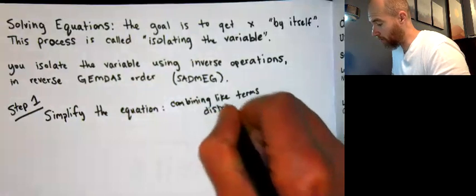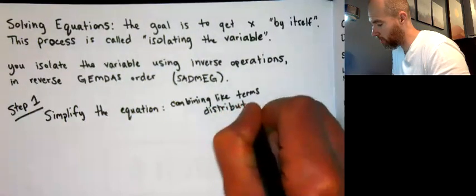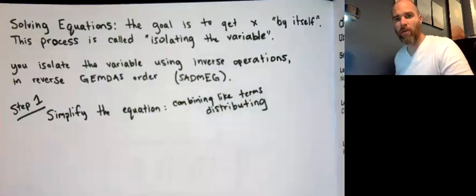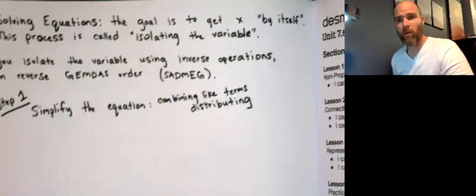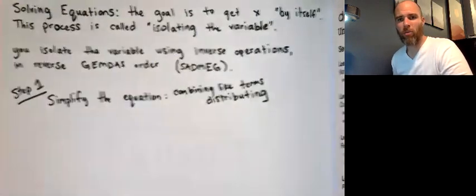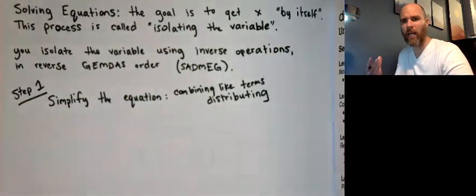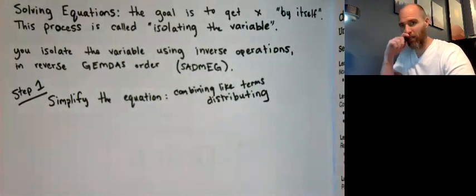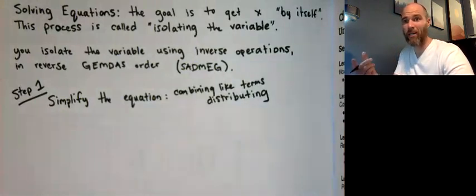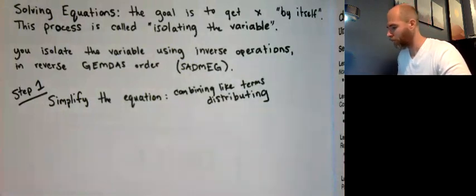Sometimes you don't have to distribute in order to solve an equation. Usually you do, and it's always a good practice too. If you're not sure whether you should distribute here or not, just do it. You can never hurt yourself by distributing, but you can hurt yourself by not distributing something that you should have. So when in doubt, just distribute.